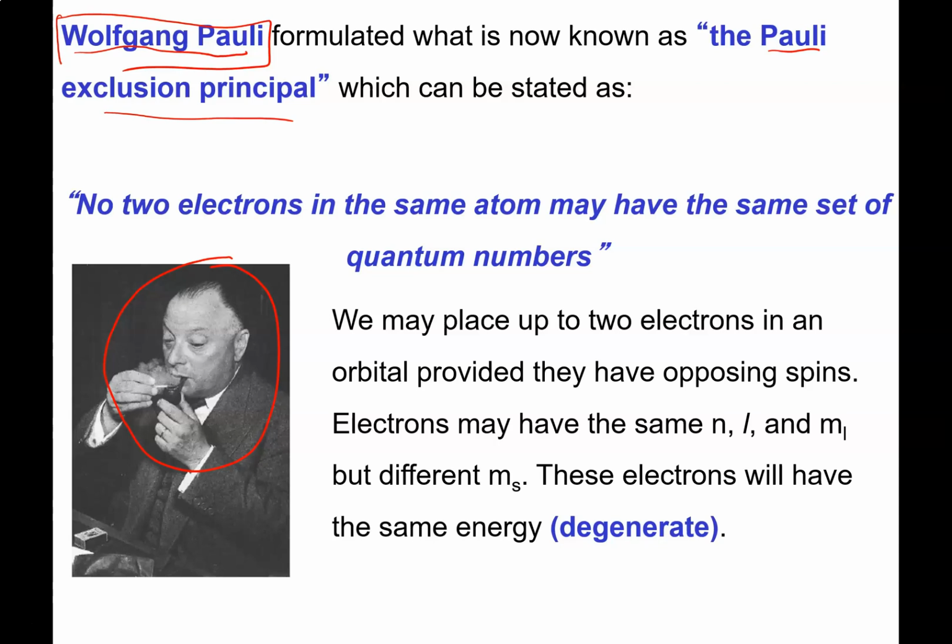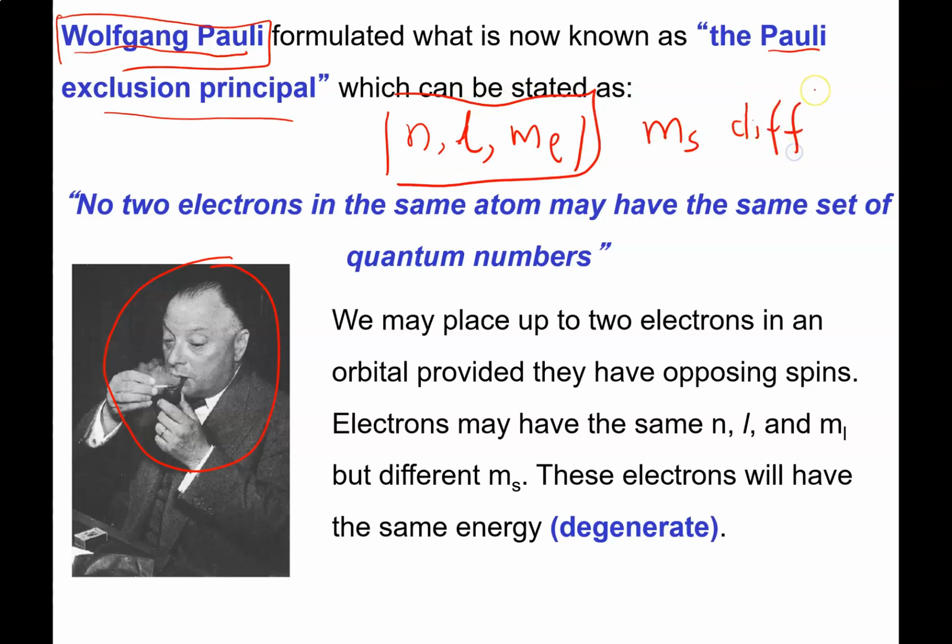And what Pauli came up with was this principle that states no 2 electrons in the same atom may have the same set of quantum numbers. So what this means is that if N, L, and ML are the same, then MS must be different.